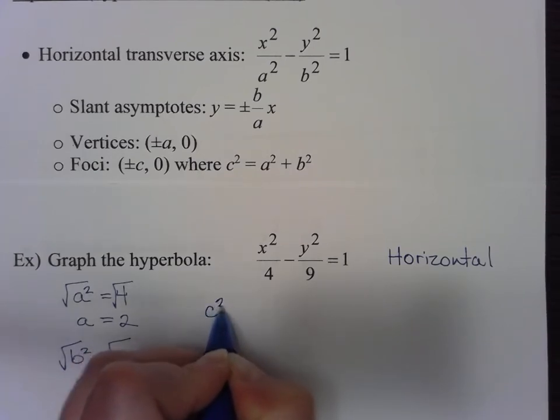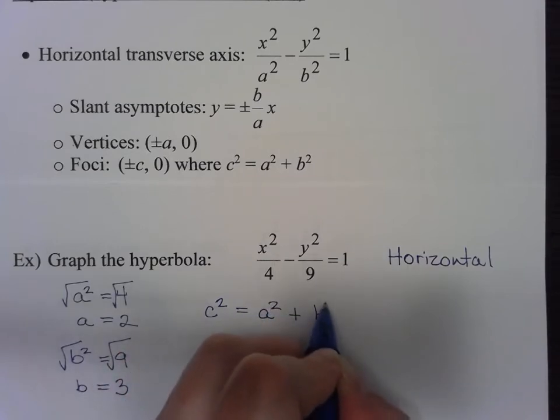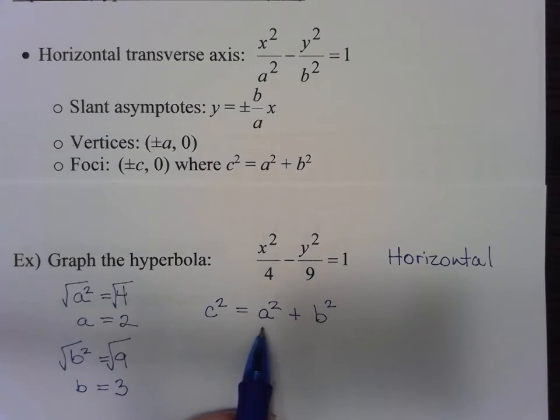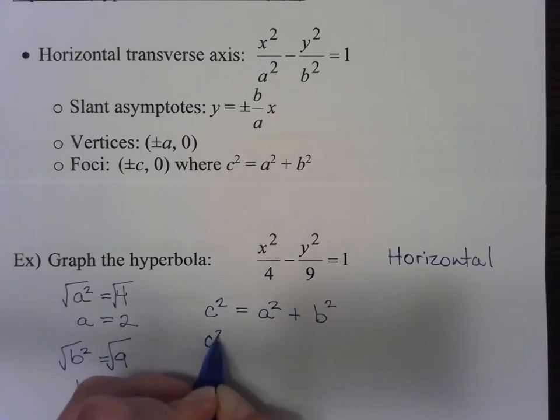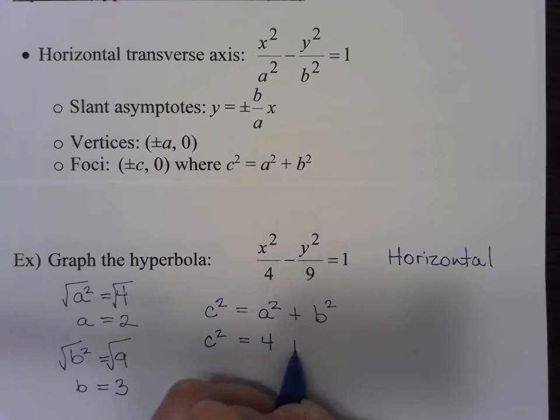And c squared is a squared plus b squared. Remember, c is bigger than a, so when I add b squared, I'm going to get something bigger. So c squared is 4 plus 9.